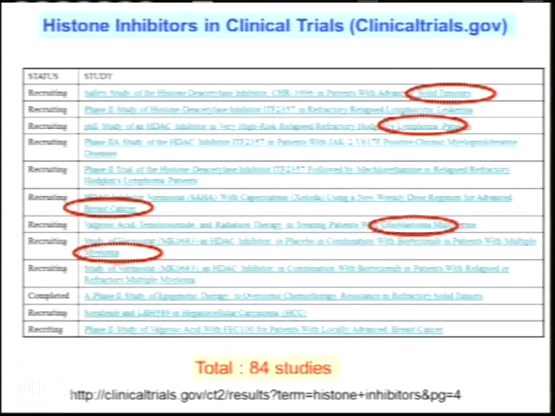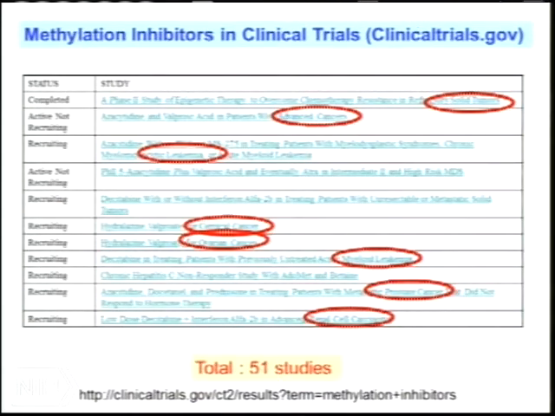In different kinds of cancer, these inhibitors have been working. At the same time, methylation inhibitors are also being used in different cancers, in 51 studies. I don't want to say that it has resolved all those problems, because whenever epigenetic changes are there, they are in all cells. But at least in a few cases where that has been characterized more, that is working.